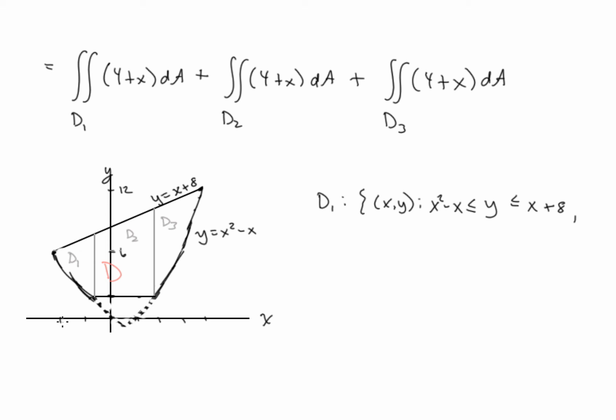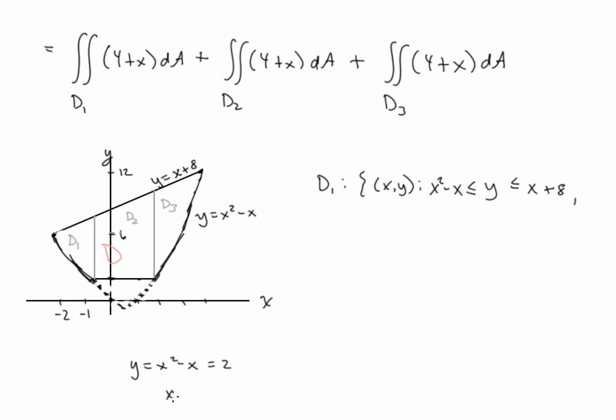And x goes from, it looks like -2 to -1, but let's check this here. This needs to be the point of intersection between the parabola y equals x squared minus x and y equals 2. So x squared minus x minus 2 is equal to 0. So this would be x minus 2, x plus 1.